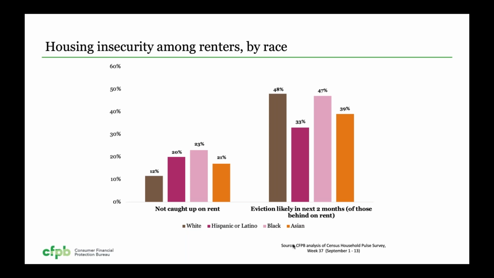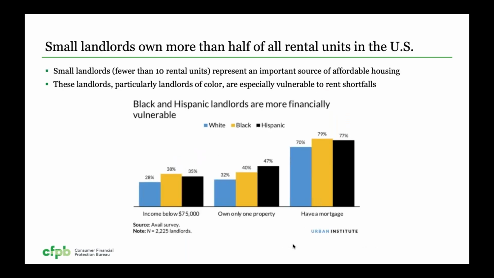You can see that Black folks are having higher levels of insecurity, related to the structural issues I've been talking about, followed closely by our Hispanic or Latino folks. And this is all information we've gotten from charts of August and September.